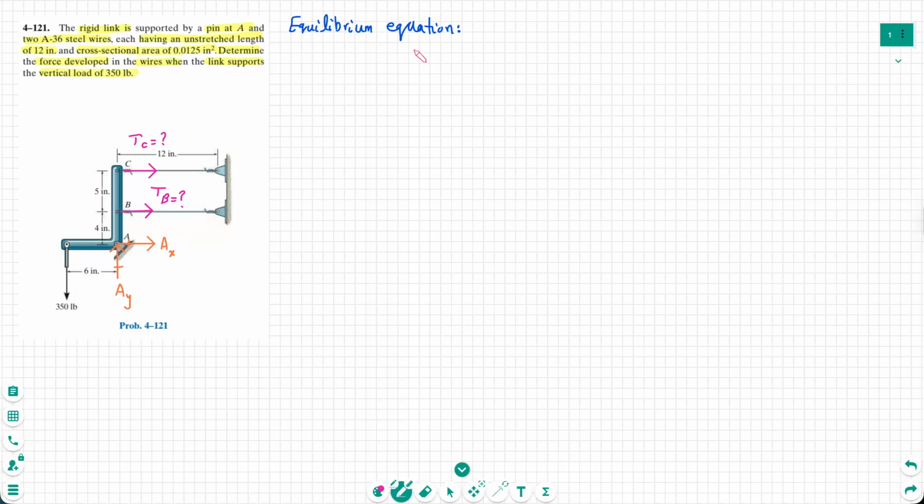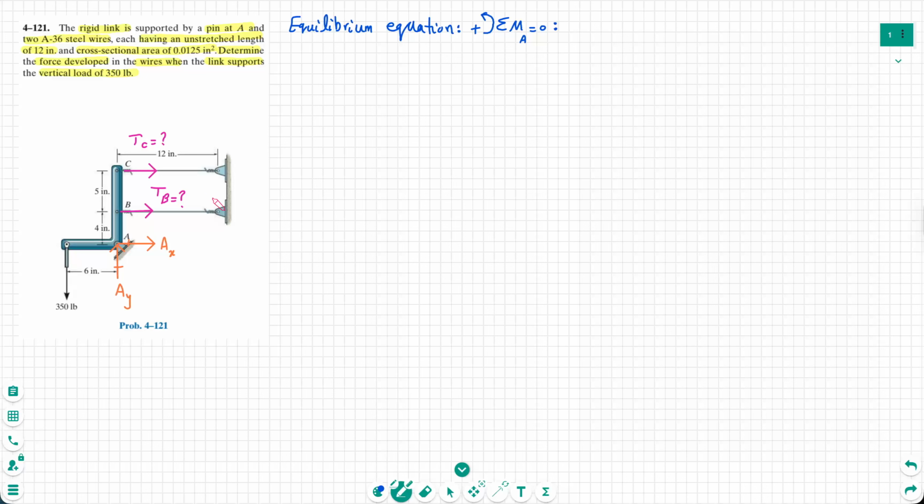So the base equilibrium equation that I can write is sigma M about point A equals 0, and I choose the counterclockwise as the positive direction. Why do I choose this one? Because if I write the sigma M about A, the moment of AX and AY about A is 0, so they don't enter into the equation, and just TC, TB, and this external loading enter the equation.